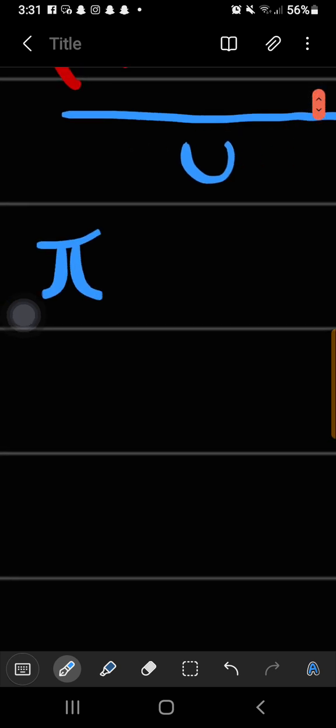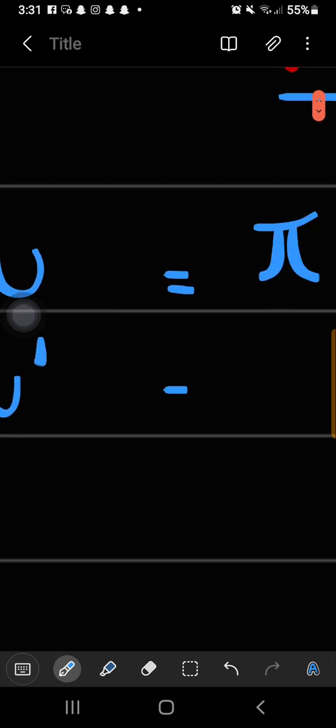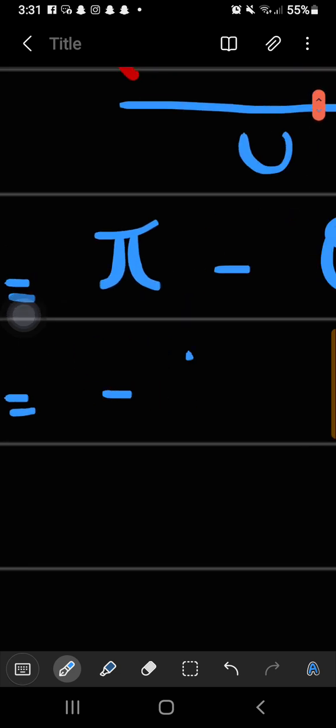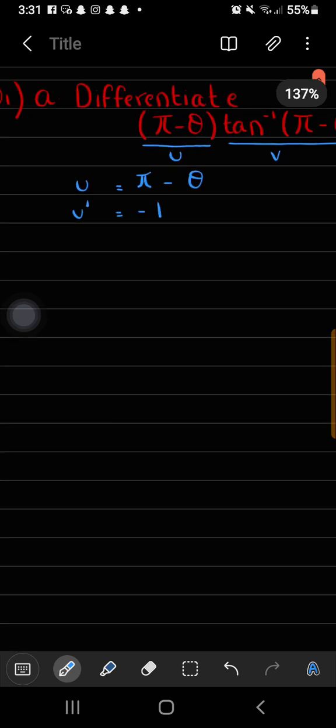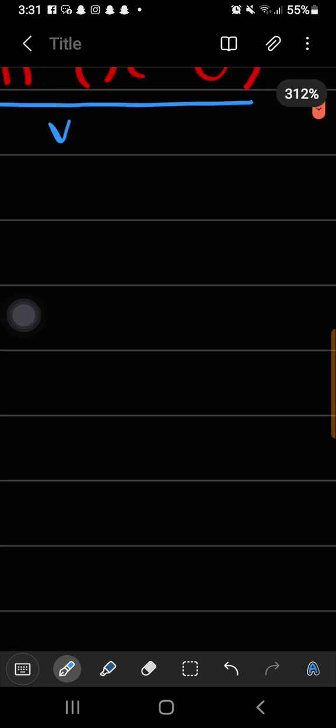So let's write u is equal to pi minus theta, and u prime, which is the differentiation of u, is -1. Then here is v, tan inverse (pi minus theta).